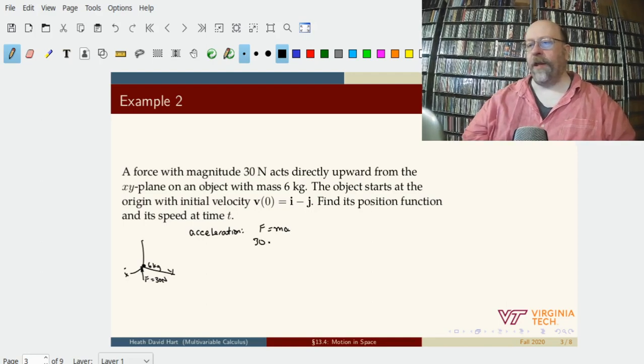So 30 is equal to 6a. And so the magnitude of the acceleration is equal to 5. But the direction of the acceleration is in the z direction.